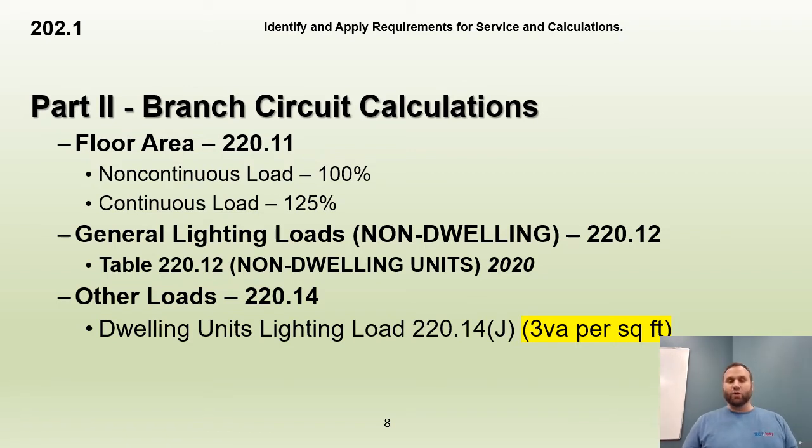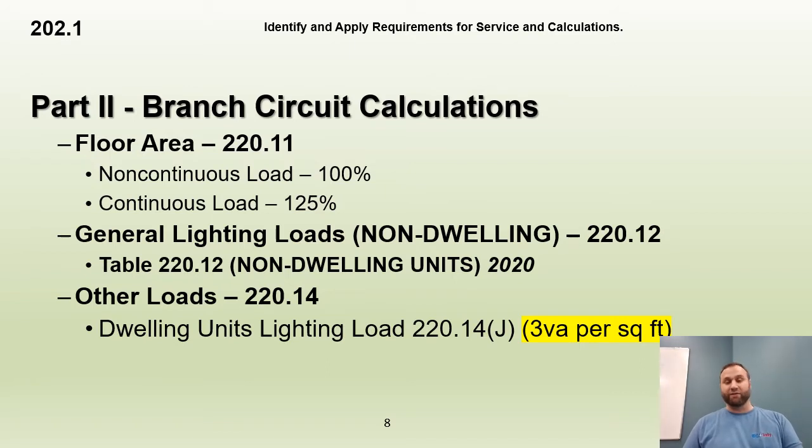In order to get my general lighting load based on my floor area, I look to 220.14(J), and 220.14(J) tells me that I have to multiply 3 volt-amps per square foot. So that means if I have 1 square foot, it's worth 3 volt-amps when it comes to my general lighting load. So if I've got a building with 1,000 square feet, I now have 3,000 volt-amps applied to my general lighting load.